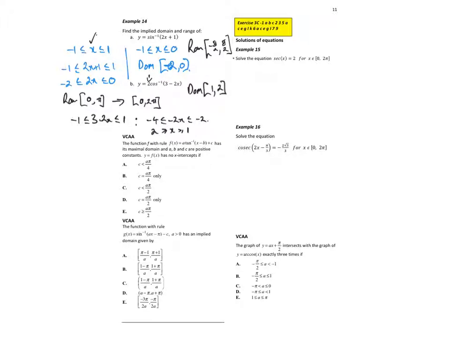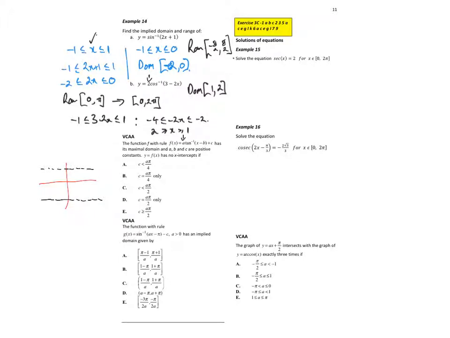All right. Let's try these VCAA questions. Rule with the equation blah blah has its maximal domain and A, B, and C are positive constants. It has no x-intercepts if. Well, let's think about the tan inverse graph. There and there.